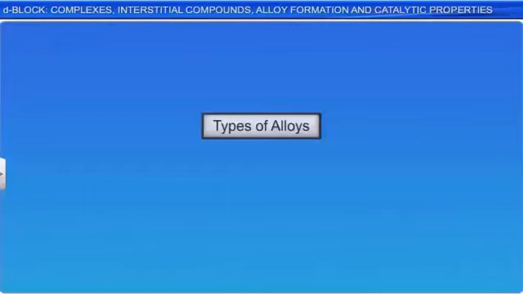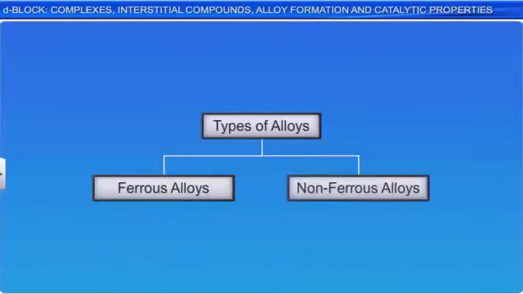Alloys are classified according to the components in two distinct types, namely ferrous and non-ferrous.